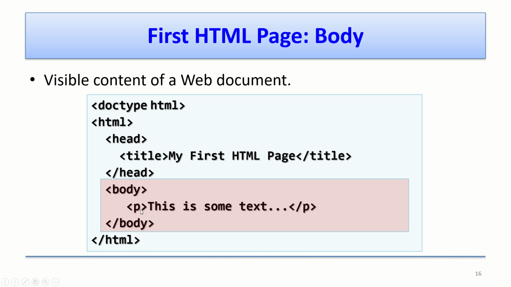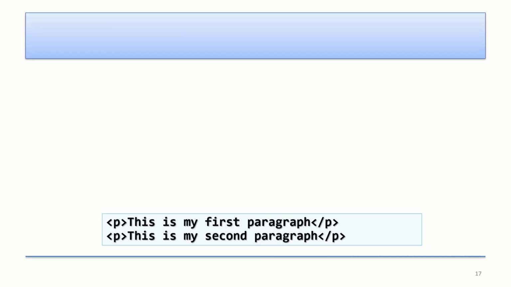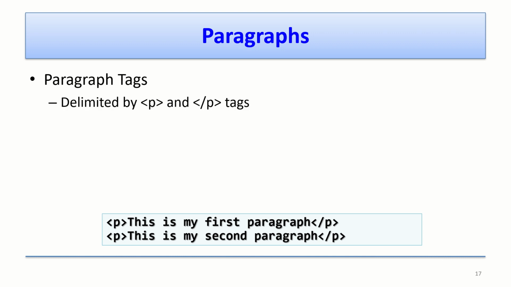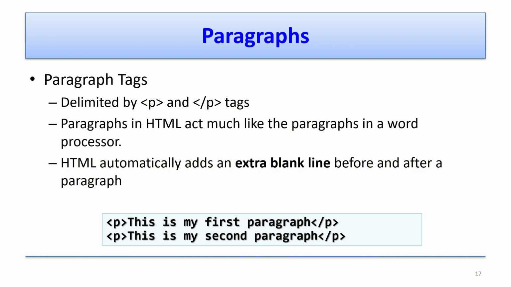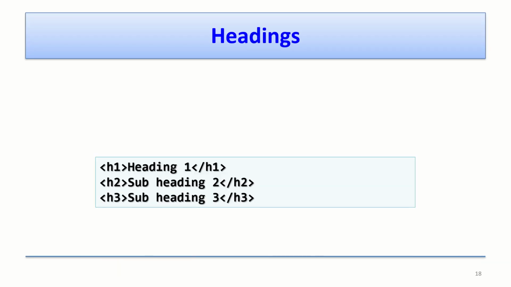Here I have inserted a paragraph for the web page. So this is called the HTML body section. Let's see how we can insert a paragraph. A paragraph is delimited by the p tag, and in here we can insert a paragraph.